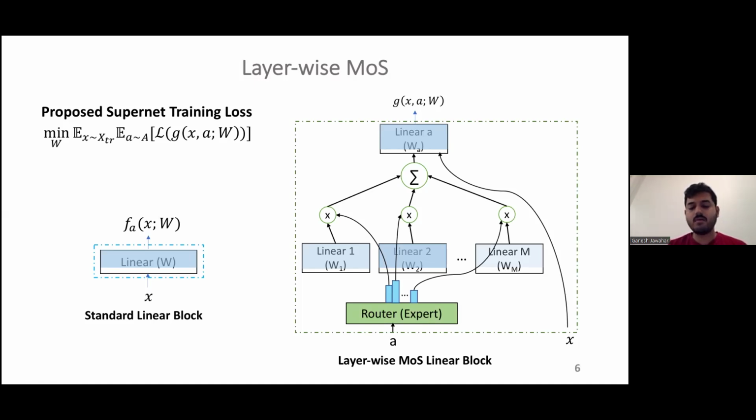In that, we either use the token embedding or the complete sequence embedding as the input. But in this case, there is a big difference: we use the architecture description as the input. It could be all the varying hyperparameters for the architecture in the search space, and we just feed it as a feature vector and try to get a probability distribution over all the expert weight matrices we have.